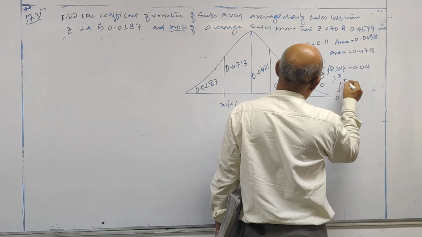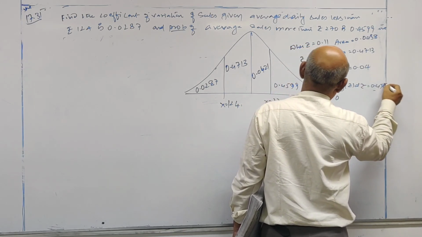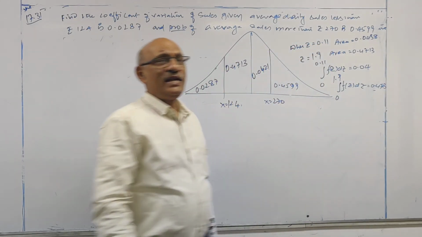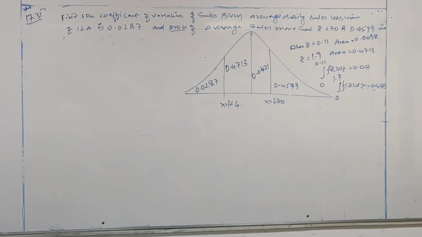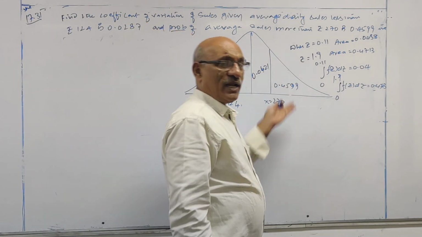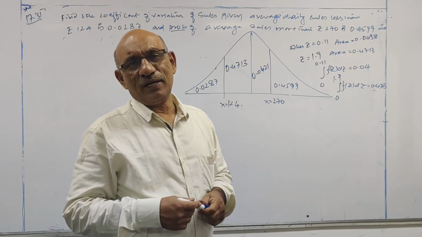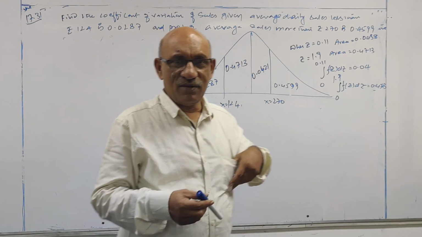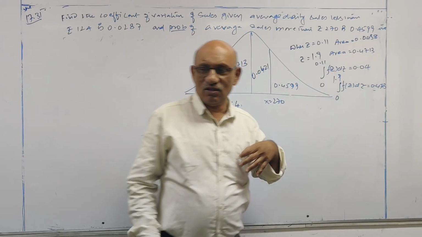Integral 0 to 1.9 f(z) dz is equal to 0.4713. This way it is printed along with the question. Without these values we cannot do it, and if I have to search from a normal curve table, it will take more than 1 minute. So to avoid any confusion, values are printed in this manner.